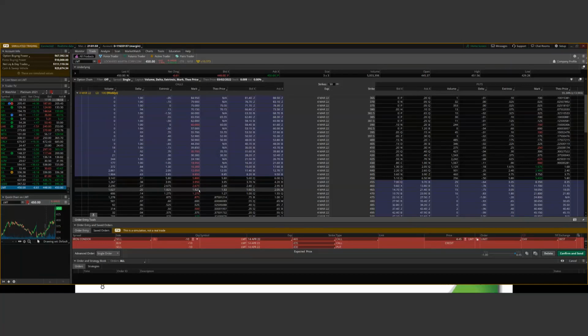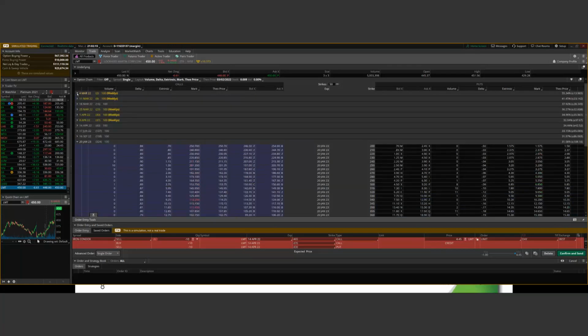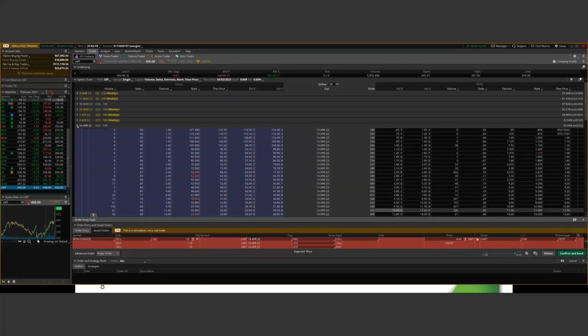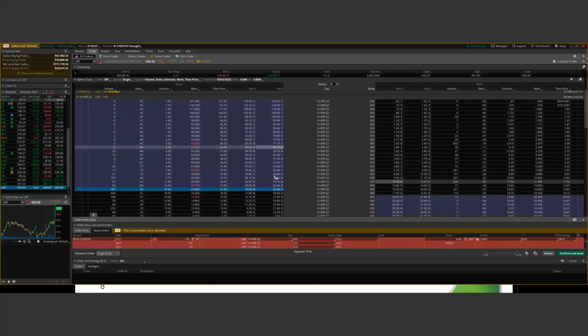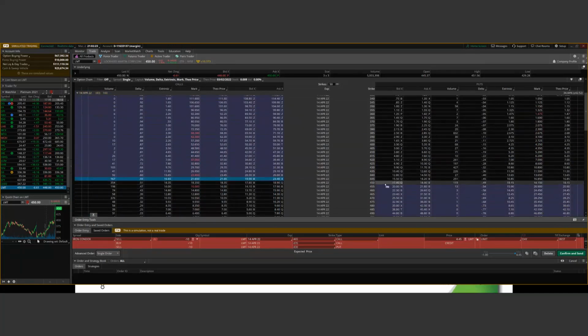So let's say you are at 455, the price has moved to 465, and you are out by $10. If you go a month or more, a month and a few days, you see juicy premiums available at $18, $19, like the $16.